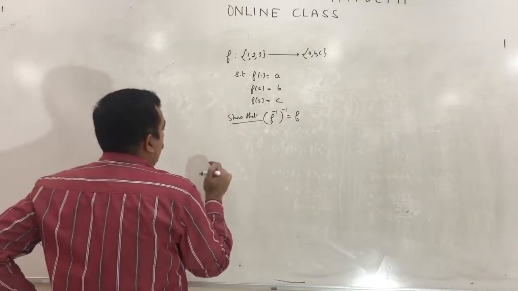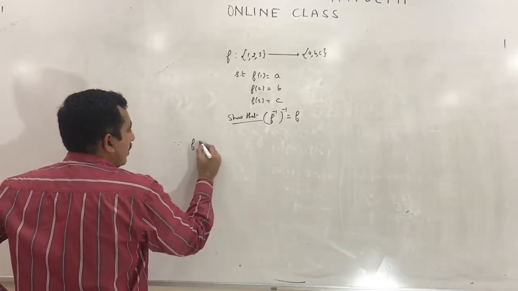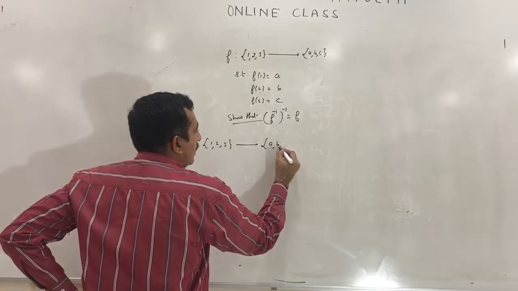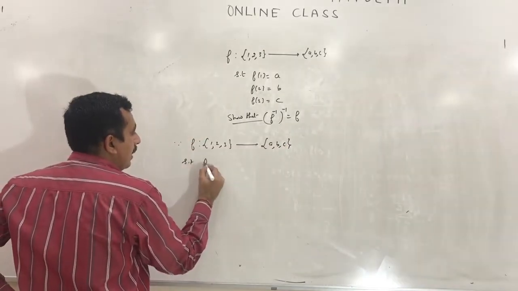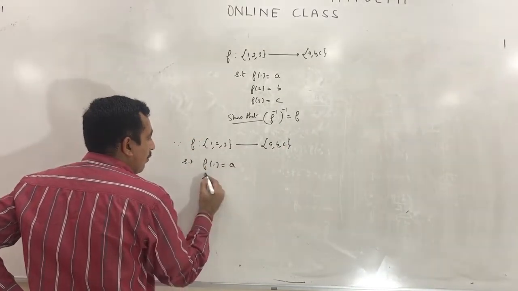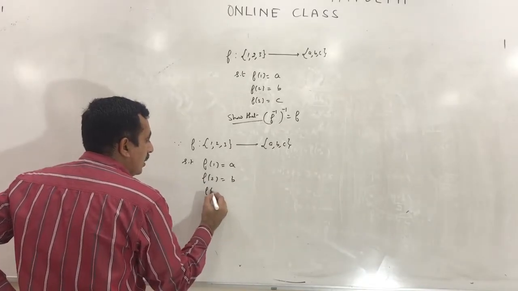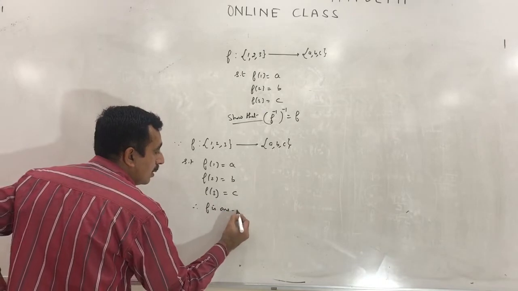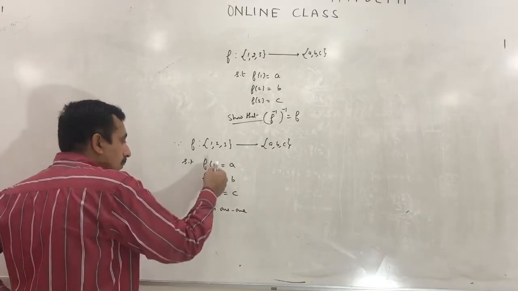Now firstly what I will do: because f is a function from {1, 2, 3} to {A, B, C} such that f(1) is A, f(2) is B, f(3) is C, therefore f is one-one. What is one-one? Every number has a distinct answer.